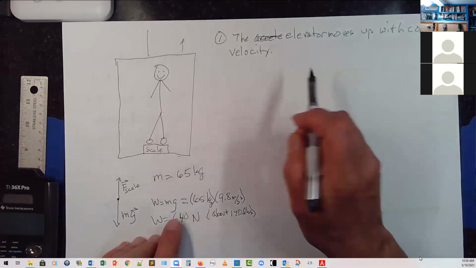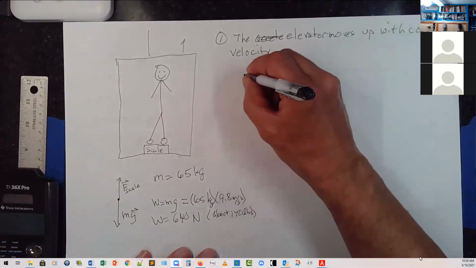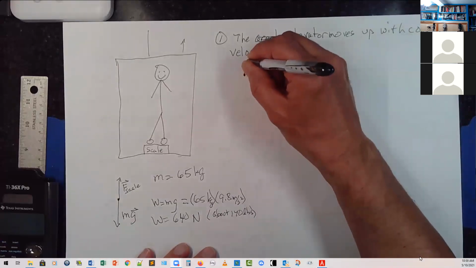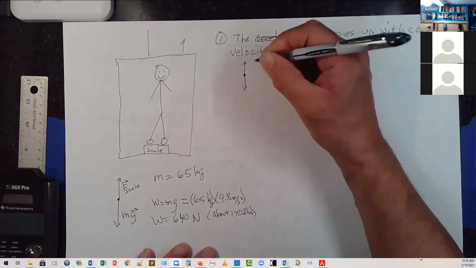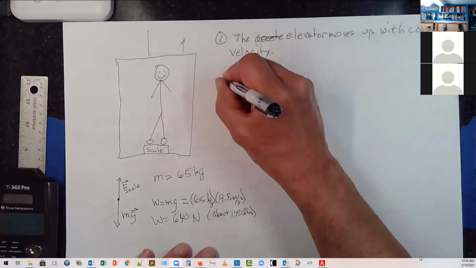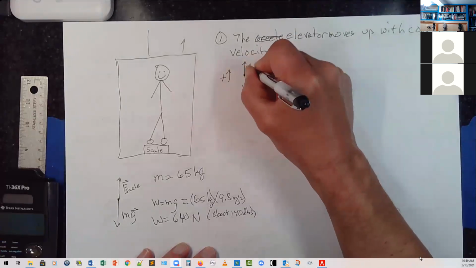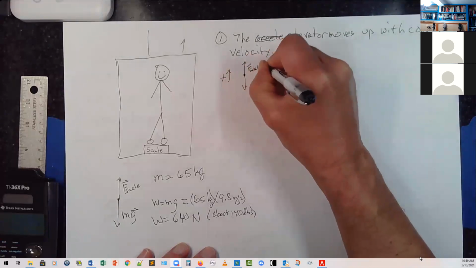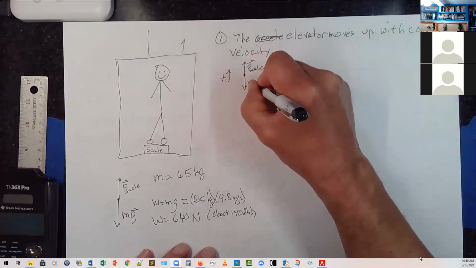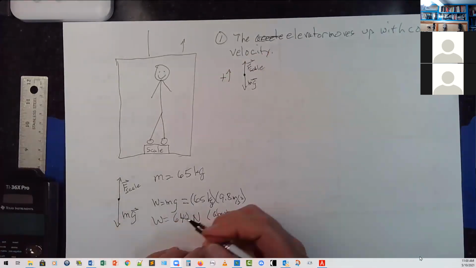All right, so we have the elevator moving up with constant velocity. Okay, well, in that case, on all of these, I'm going to let up be the positive direction, I think. So positive is up, and I'll have the force of the scale up and mg down. It's the same free body diagram every time, so it doesn't matter.